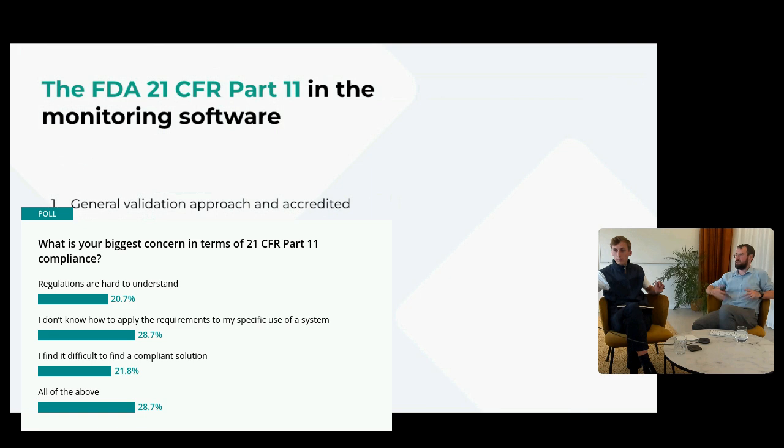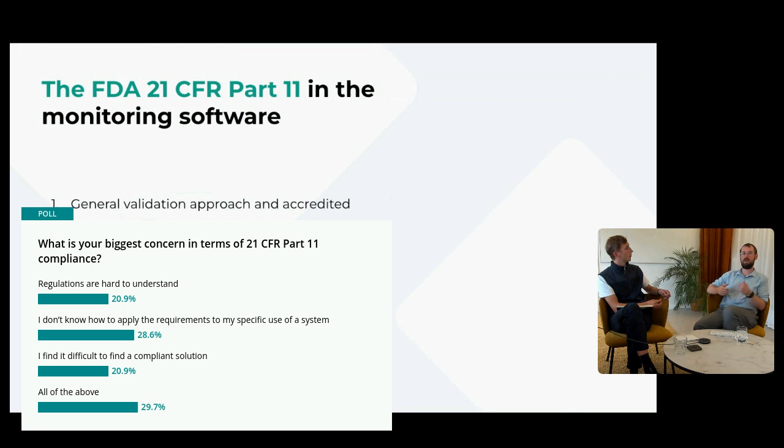So we might as well just use some time to address some of these points. So first of all, I hope that today at least has helped some parts in understanding the requirements. So that should hopefully help one of those. Also, in terms of applying the requirements, I think the general approach that I would advise is find a system that can support a compliant process.